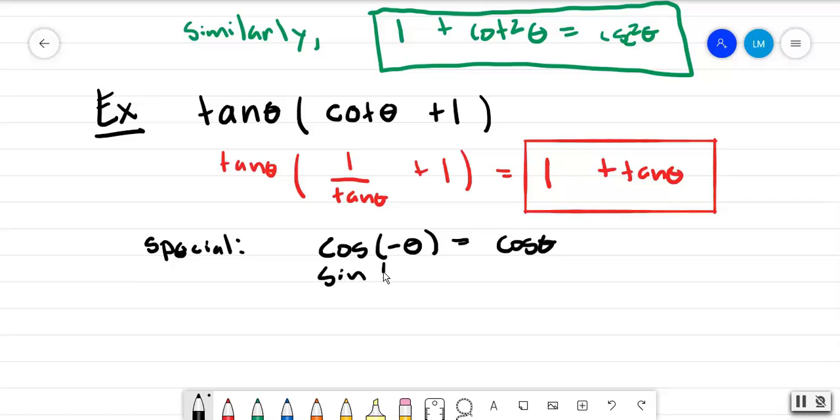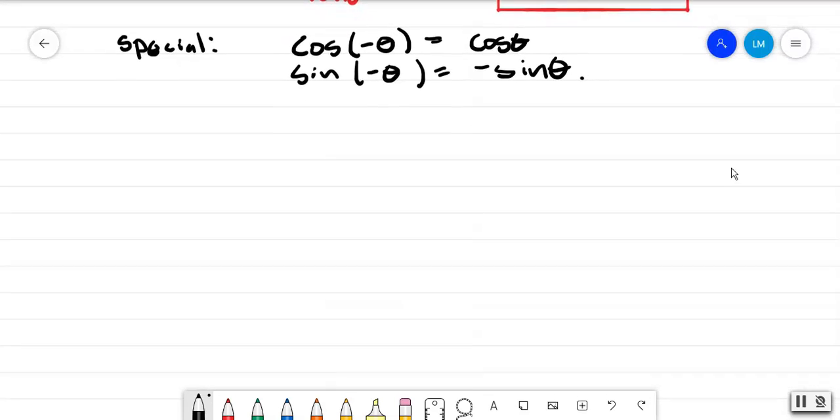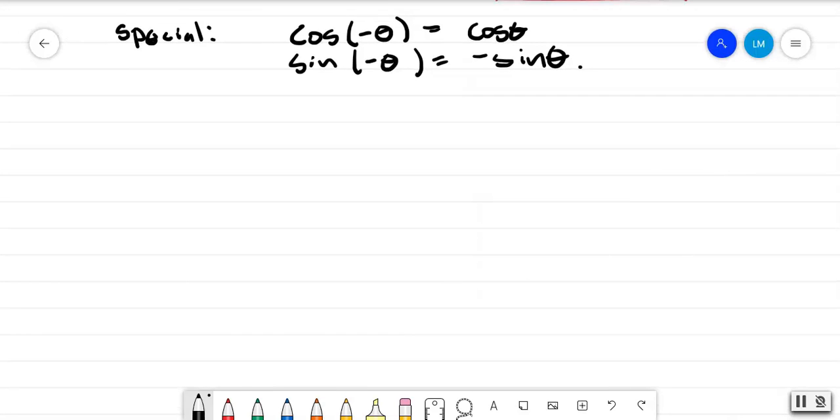But if I have sine of negative theta, this is the same thing as negative sine of theta. Okay. Now, mostly you'll be required to simplify expressions in addition to using these identities.